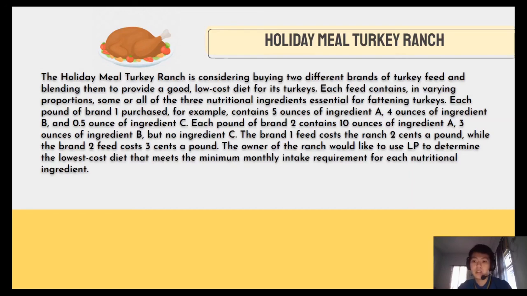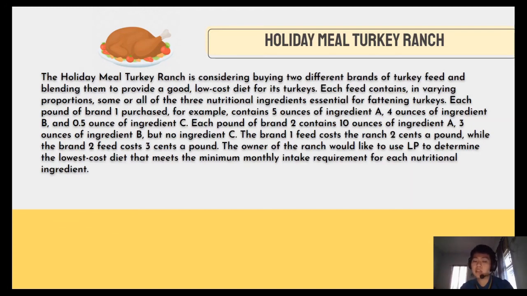Each feed contains, in varying proportions, some or all of the 3 nutritional ingredients essential for fattening the turkeys. Each pound of brand 1 purchased, for example, contains 5 ounces of ingredient A, 4 ounces of ingredient B, and 0.5 ounces of ingredient C.